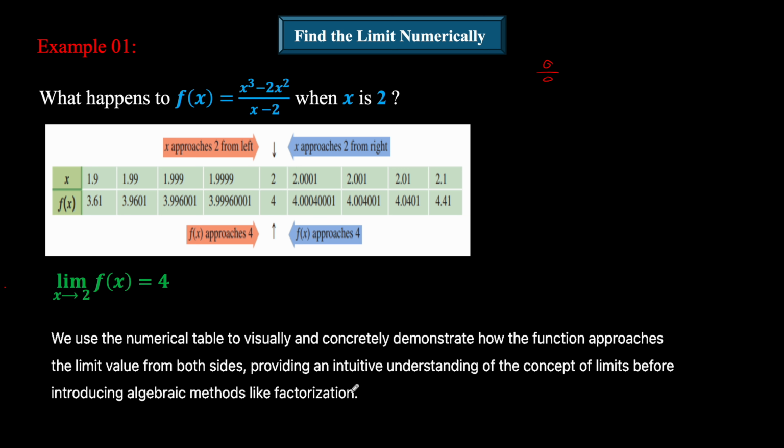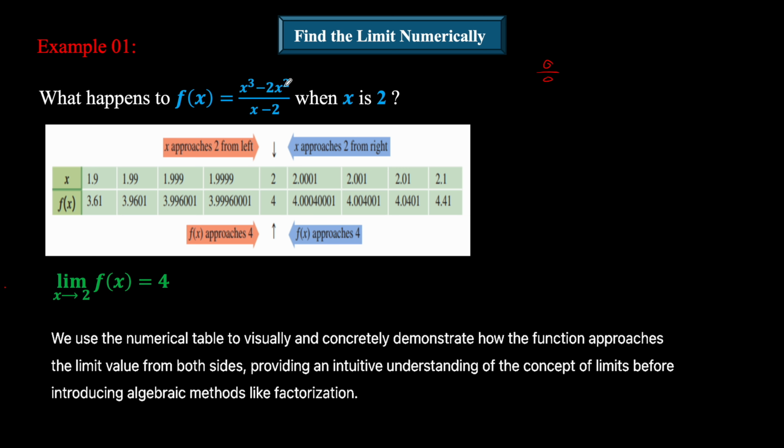In the future we'll talk more about that, but just quickly, let me show you how to get 4 without using this table, because in the future you cannot use this table. Why? Because each time you would need a calculator to calculate that. So f of x is equal to x to the power 3 minus 2 x squared. We'll use the factorization method to find the limit.